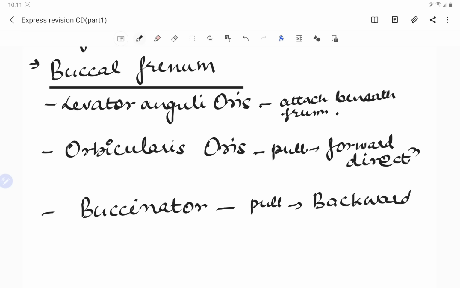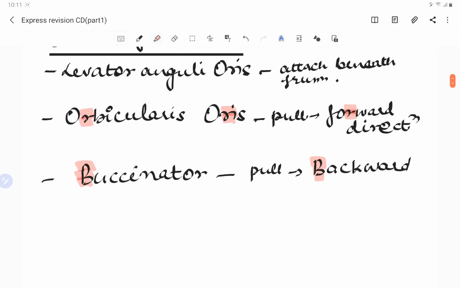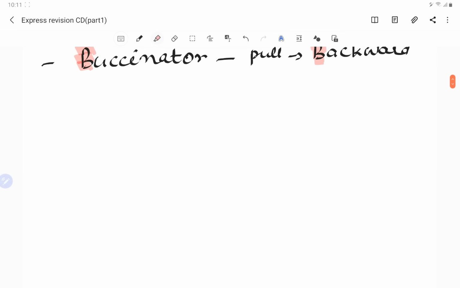So, how do we learn it? See, forward R, orbicularis oris, then we have got buccinator B, which is the backward. So, we can learn it: orbicularis oris forward and buccinator backward.